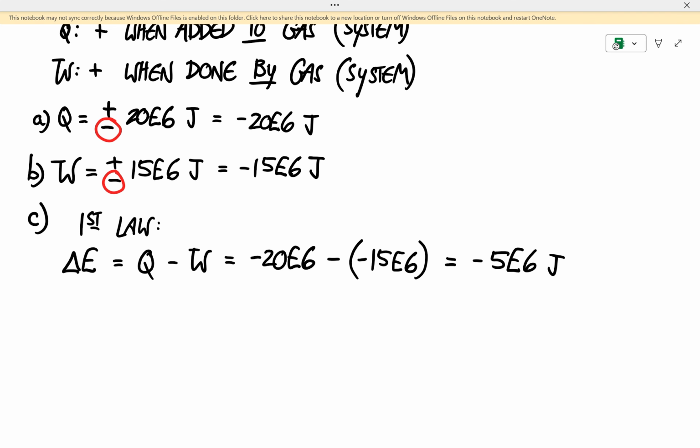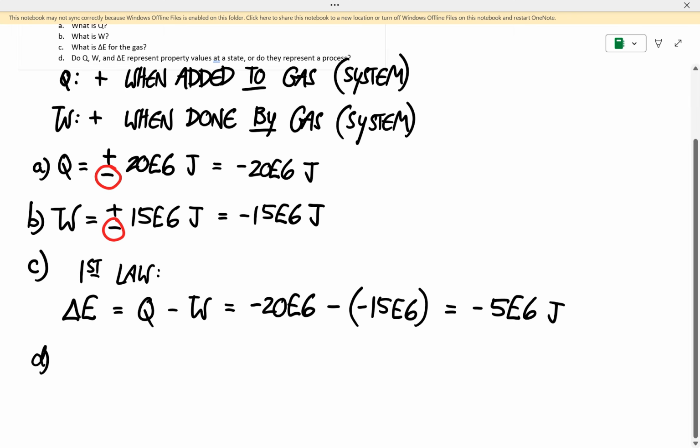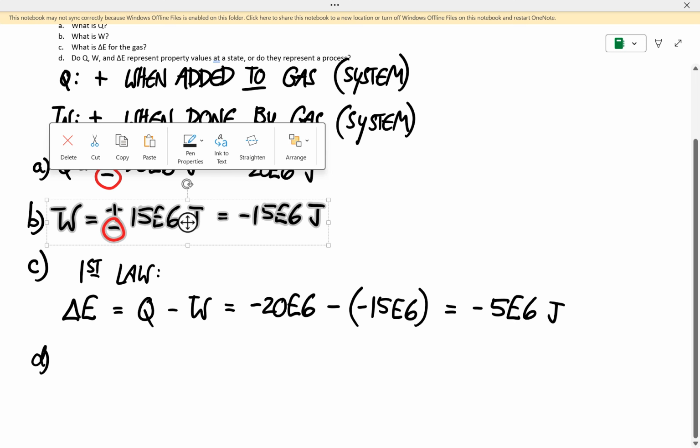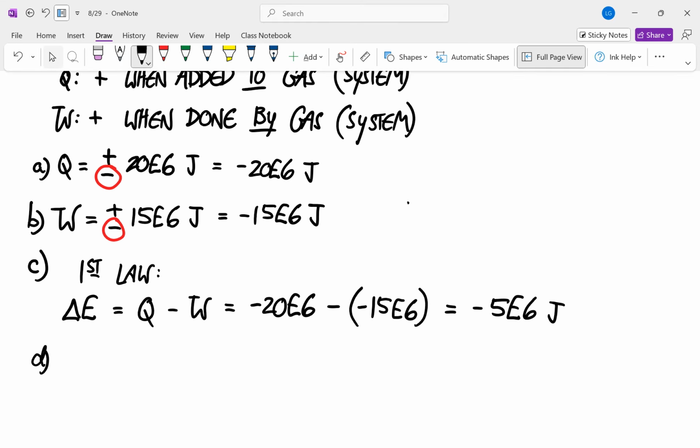Then the last question is, do these values that we calculated, Q, W, delta E, represent property values at a single state, or do they represent a process? This is saying that from some instant 1 to some instant 2, this much heat is added, this much work is added. This is the change in energy from instant 1 to instant 2.